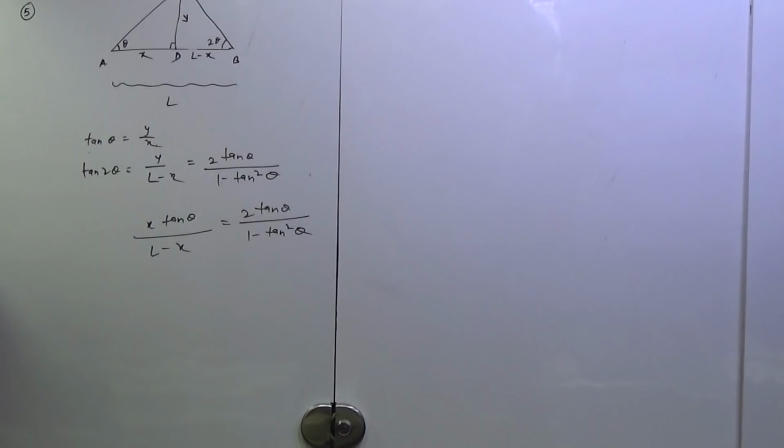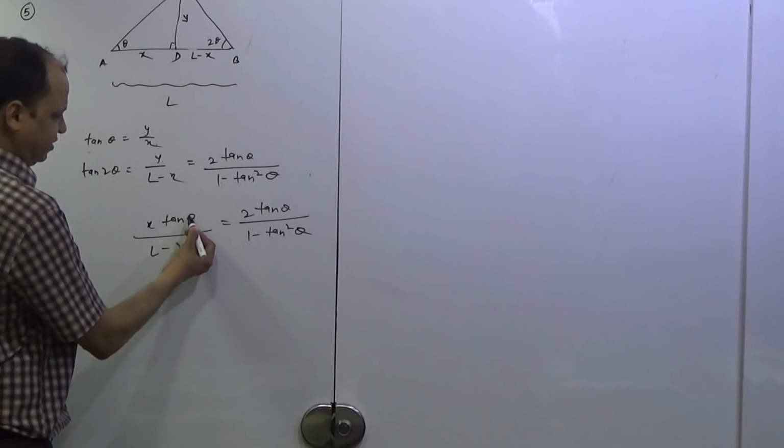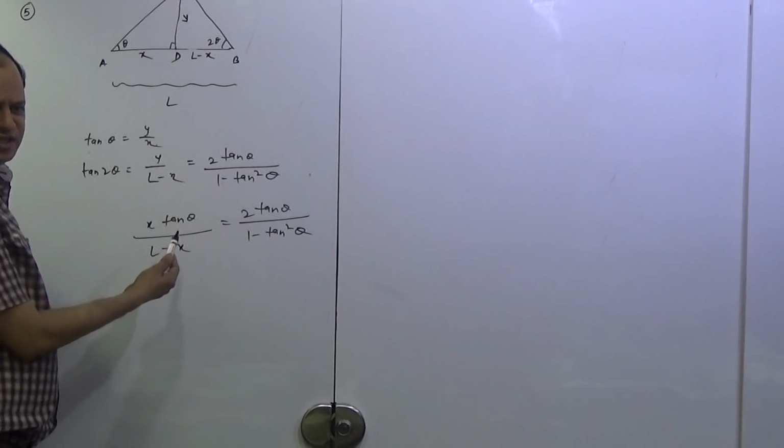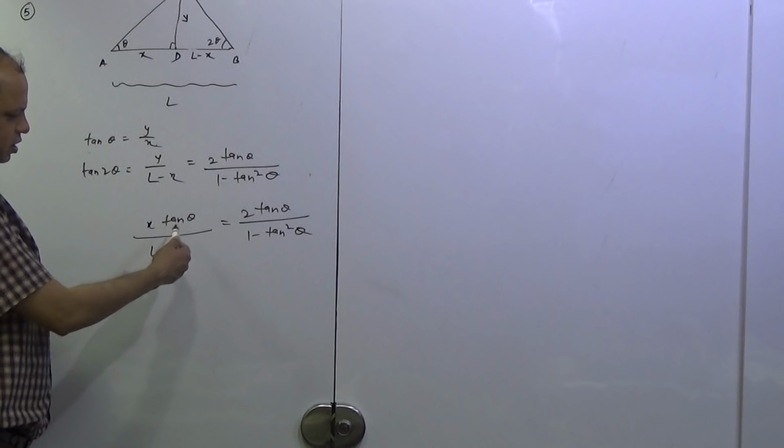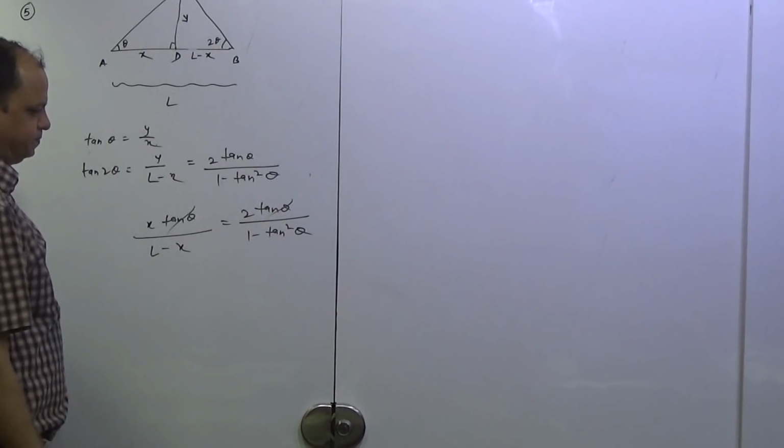Yes, sir. Right? Now, what is your goal? What do you want to solve? When theta approaches 0, find x. x approaching towards what? When theta approaches 0, tan theta is not exactly 0, so we can cancel it.